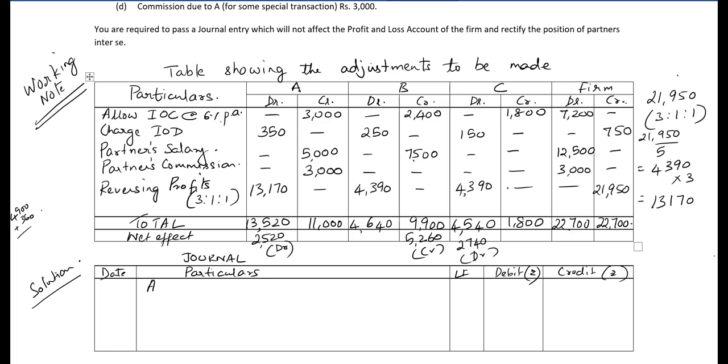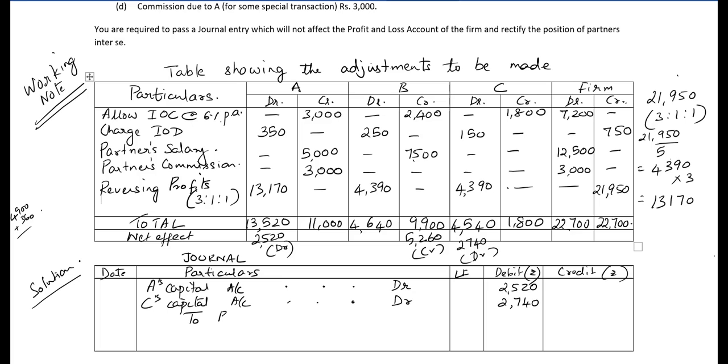A's capital account debit, 2,520. C's capital account debit, 2,740.